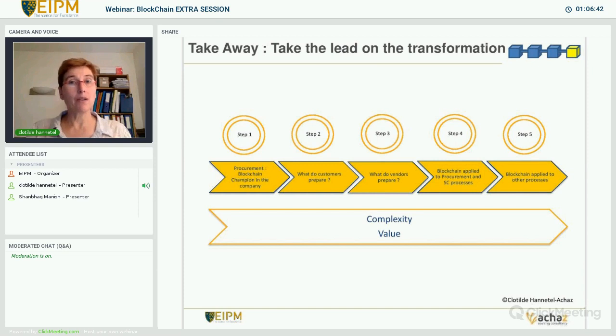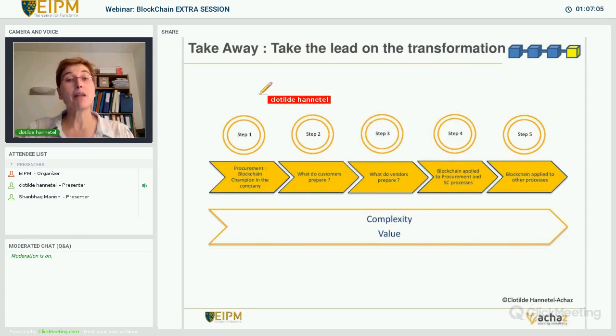So it's about contracting with these vendors. So again, it's about new ways of working, bringing new ways of working inside the company. It's about speaking with the vendors and about contracting. So it's really the three key pillars of the procurement function. So that's why we really think that procurement should lead this transformation.